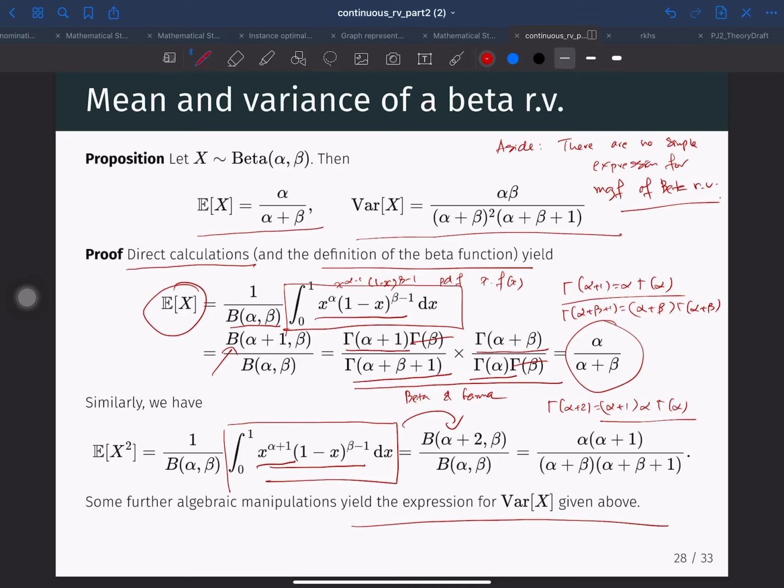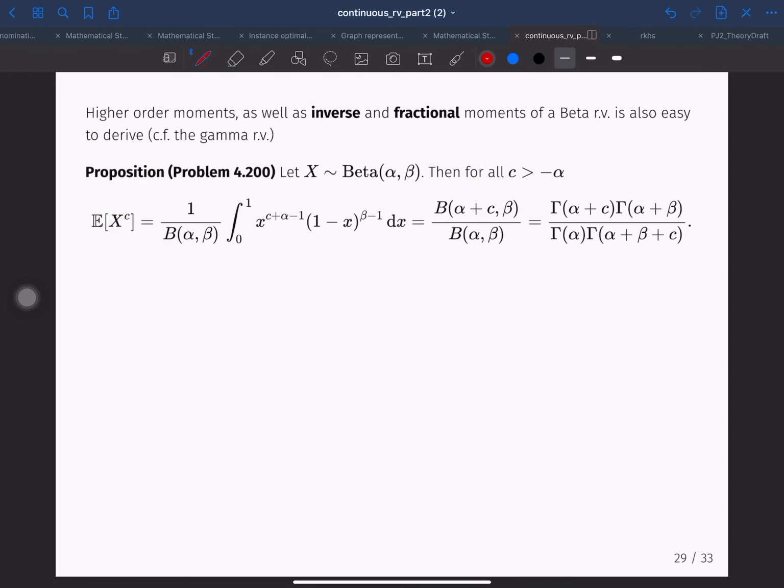So these are cute, but the most important thing here, I suppose, is that you can easily compute higher order moments as well as inverse and fractional moments of a beta random variable. So compare this against the gamma. In particular, if x is beta alpha beta, then the expected value of x to the power of c is given simply here.